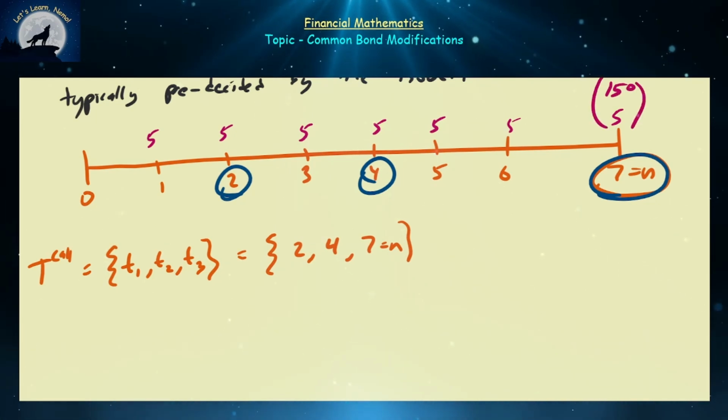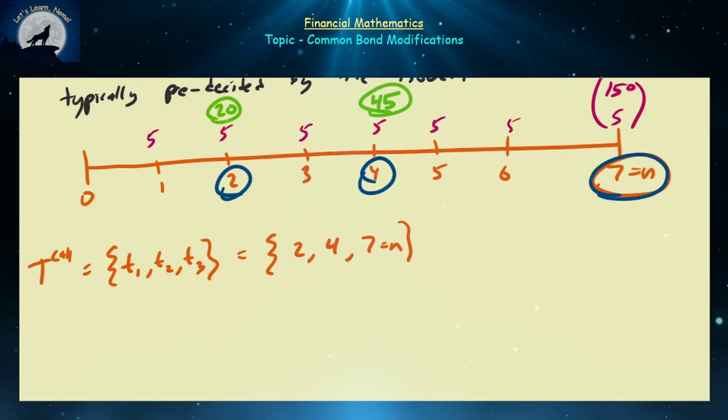So if the redemption value is 150, do you think that the bond issuer should give back 150 at time t is equal to 2 and 4? Obviously no, it should be less. So by how much? Well, this is another technical question, but let's assume that this value at time t is equal to 2 is $20, and let's assume at time t is equal to 4 it's $45.